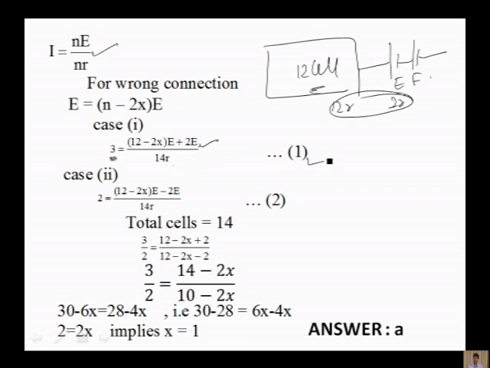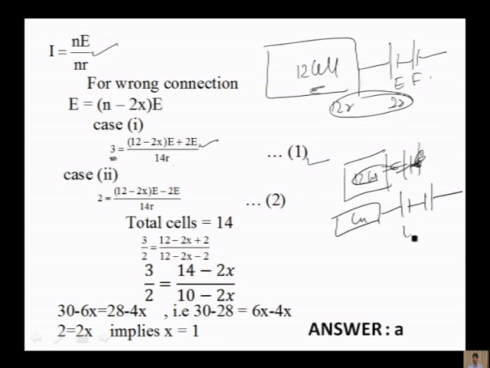Similarly, the connection for this battery, this is a 12 cell battery. The connection is wrongly connected like this. Cell, this is positive, again like this, this is E, this is E. Now we are going to have the equation like this.